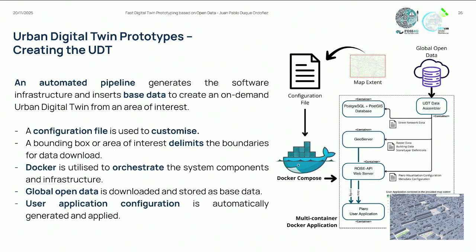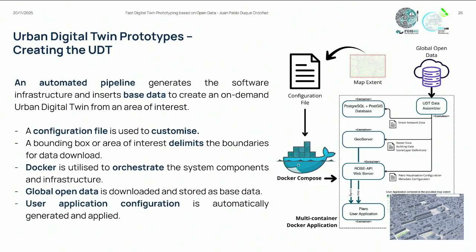This is the workflow for creating the urban digital twin prototypes. We have a map extent. We send this map extent to the configuration file, a Docker Compose file, which creates a multi-container Docker application that contains the database, the GeoServer, the processing server, and the user application.